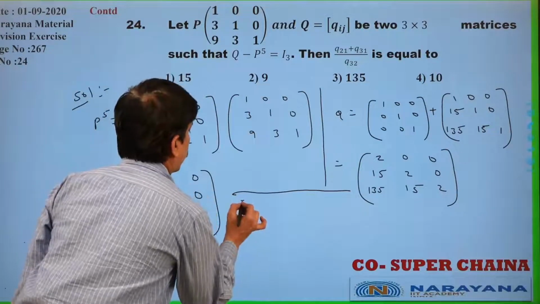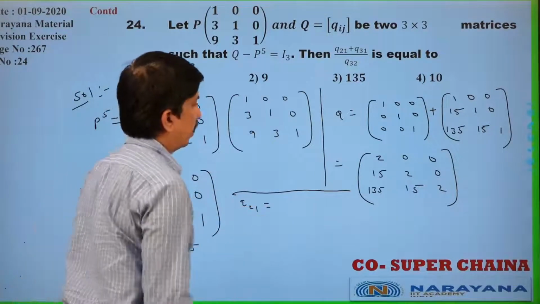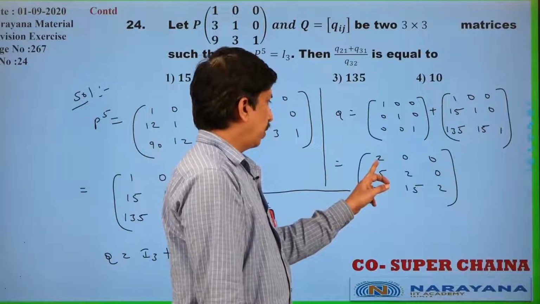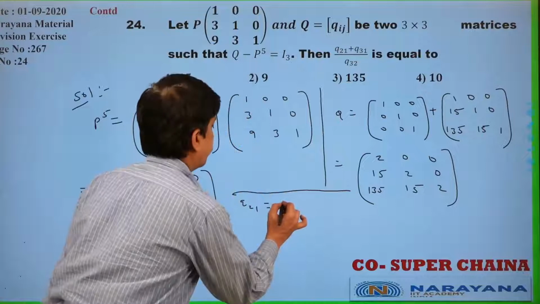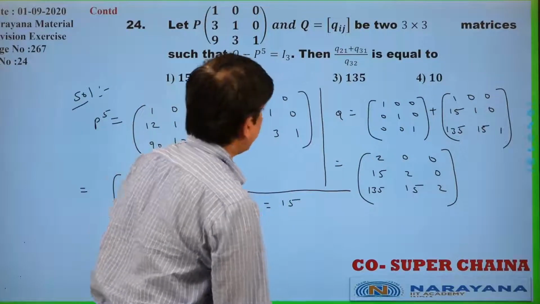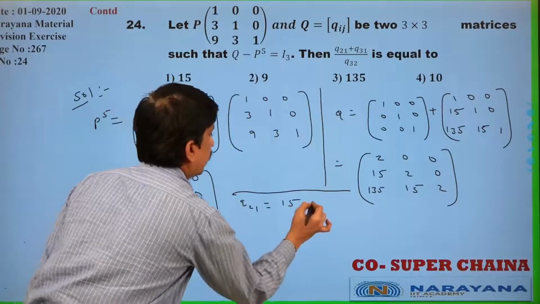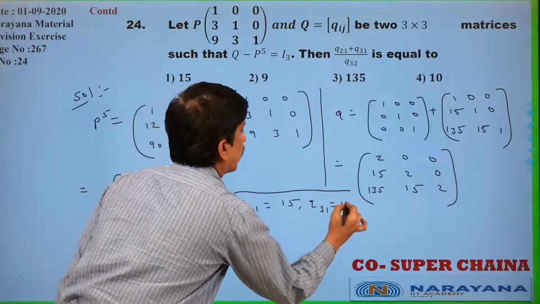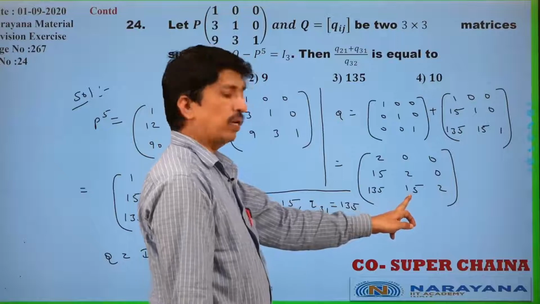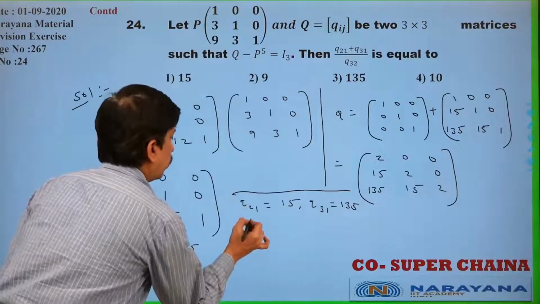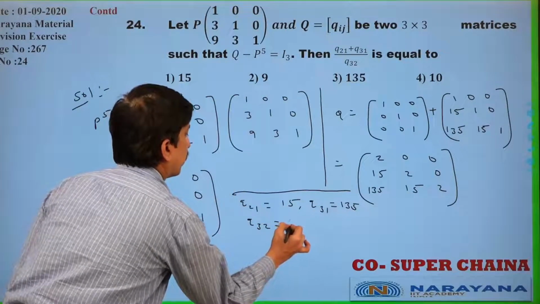Q21 is equal to what is that? Q21 is nothing but 15. Is it clear? Q31 is equal to 135. And Q32, this is a32, 15 only. Q32 is nothing but 15.